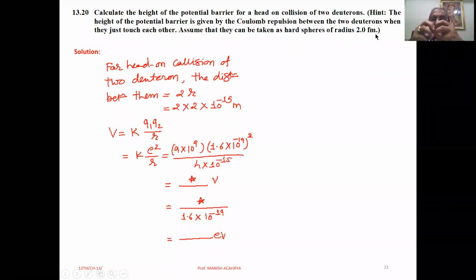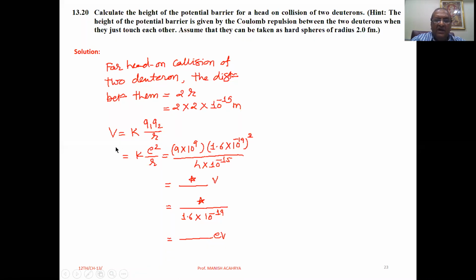When a head-on collision takes place, the distance between the two deuterons is equal to the diameter. So the distance between them is 2r, that is 2 × 2 Fermi, that is 2 × 2 × 10^-15 meter.